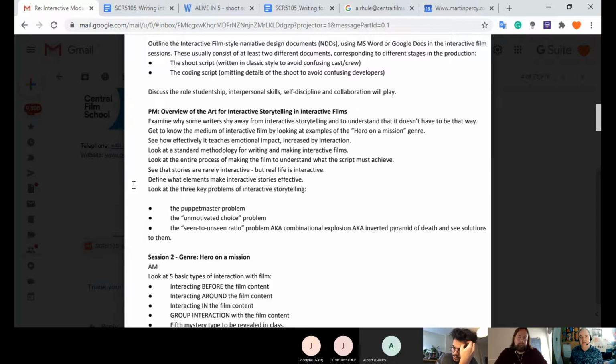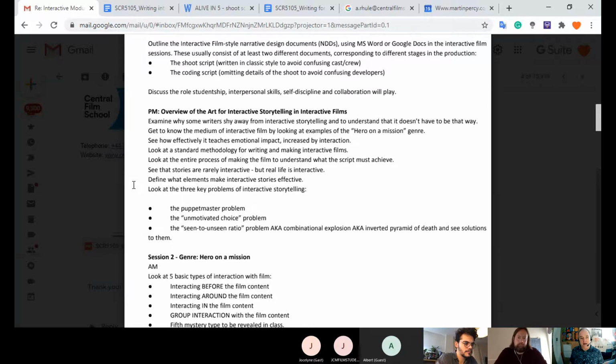So if you're wondering how to make an interactive story that works, there's your starting point. Real life is always interactive. That's where you start. You start from real life, and then the interactions naturally fall into place because those are the interactions that you would do in real life.